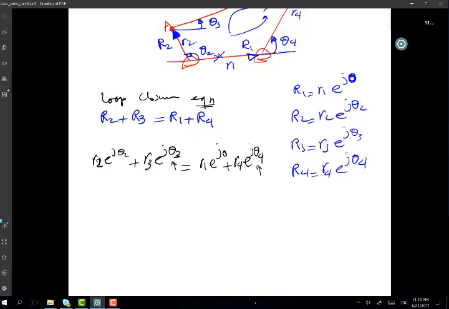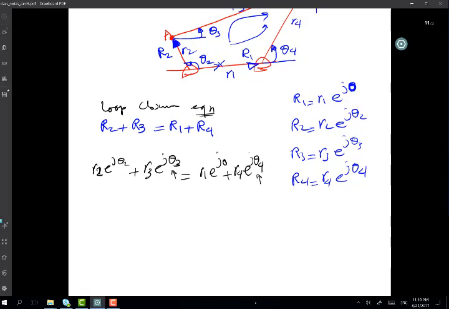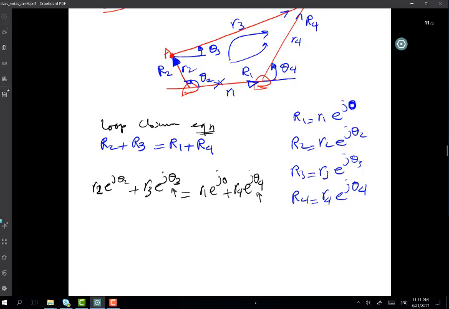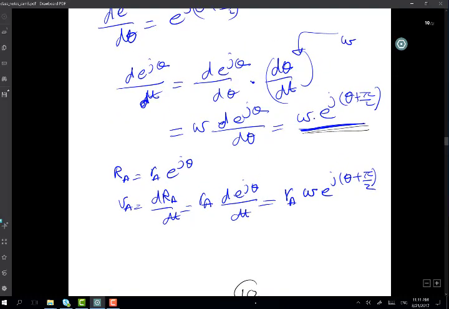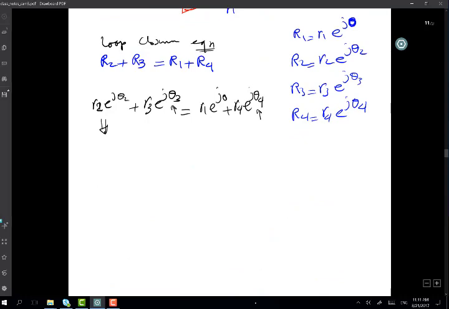So now at this point, I have my loop closure equation in polar form, and I simply differentiate that. When I differentiate my equations, I differentiate every term separately. So now I'm going to differentiate this term here, and R is constant, so I'll add 90 to theta and just multiply by omega, as I could prove here.